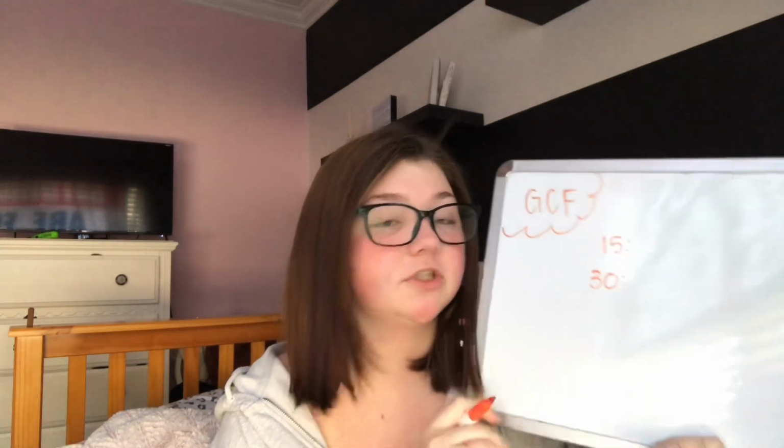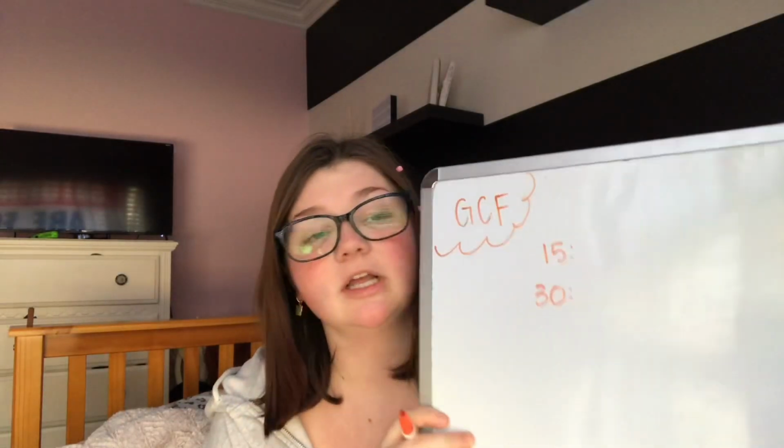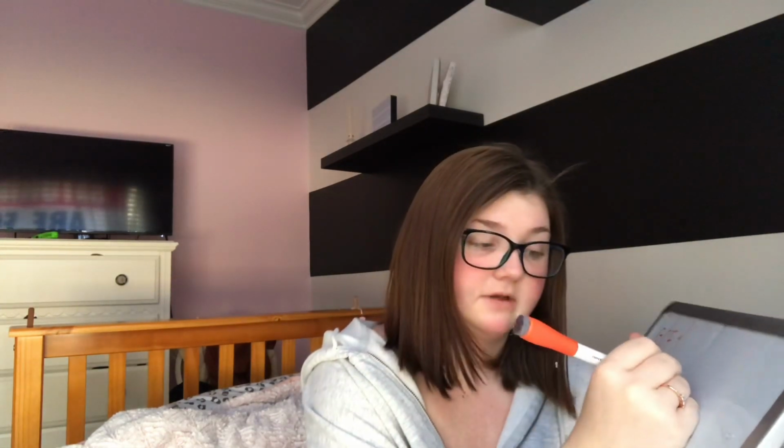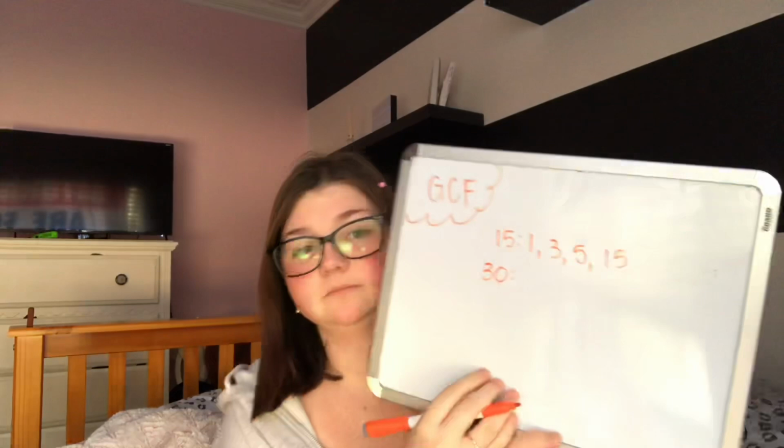So the numbers we're going to start off with are 15 and 30. What you're going to do is find the numbers that go into 15 first. So 1 can go in, 2 can't, 3 can, 4 can't, 5 can, and so on, and then 15 can go into it.